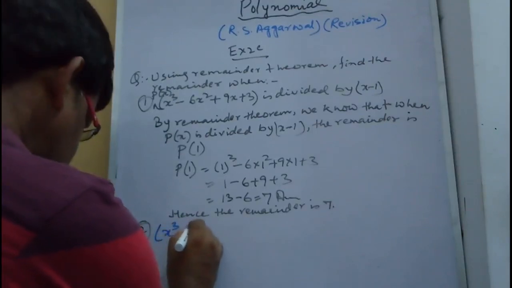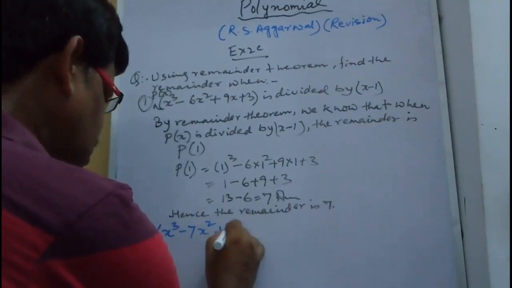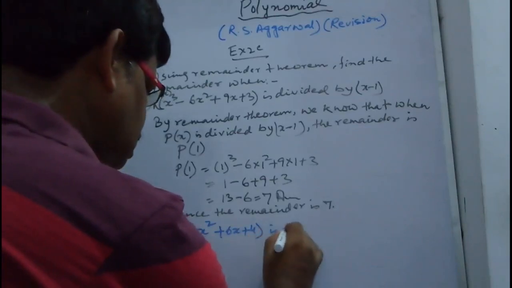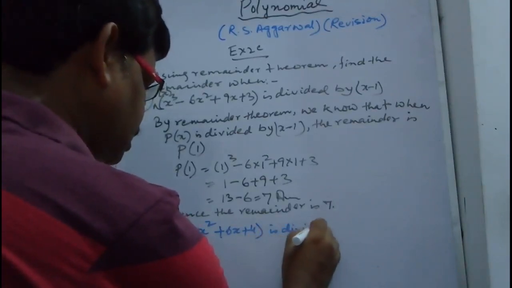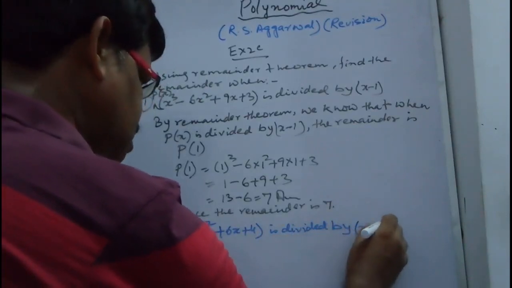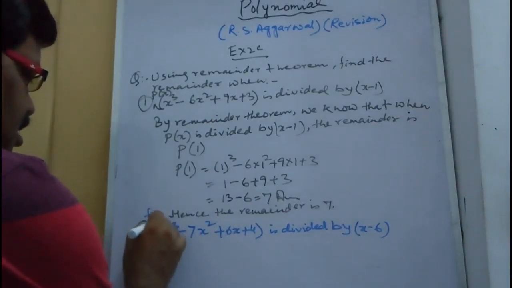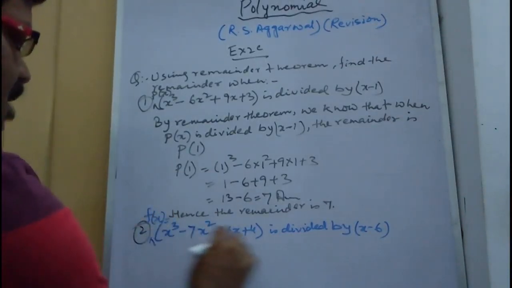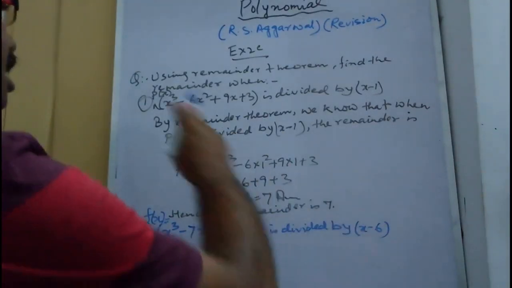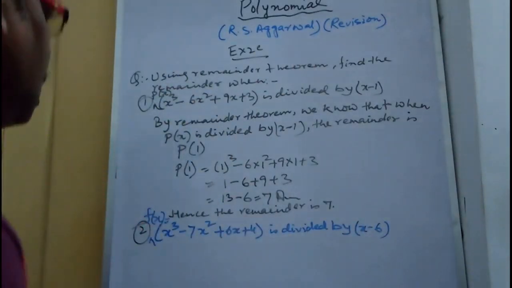X cube minus 7x square plus 6x plus 4 is divided by x minus 6. Write the name of that polynomial, name it fx. So fx equal to this one is divided by x minus 6. So by using remainder theorem, I have to find the remainder.